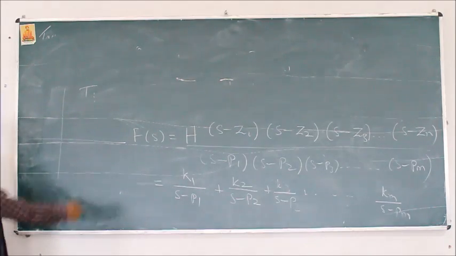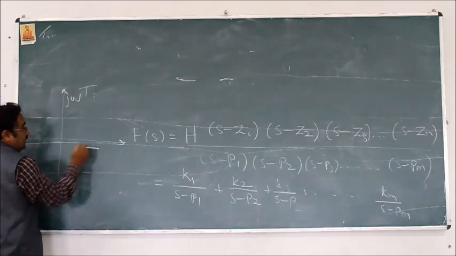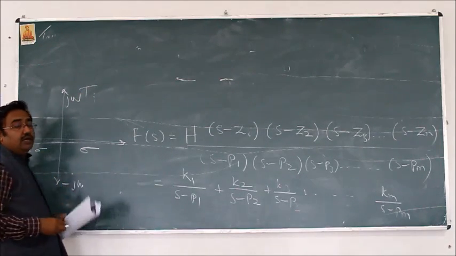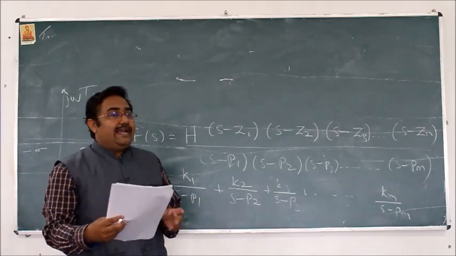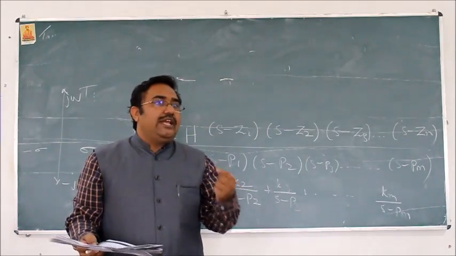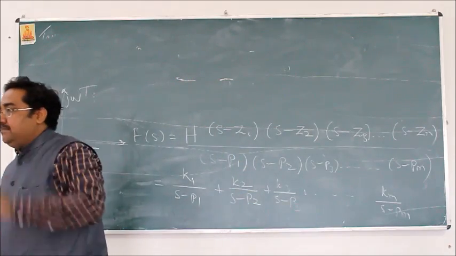What are its axes? Imaginary axis and real axis. This is minus sigma and this is plus sigma. Now I will take different locations of the poles, and by just looking at their location, I will tell you what the response of the system will be.